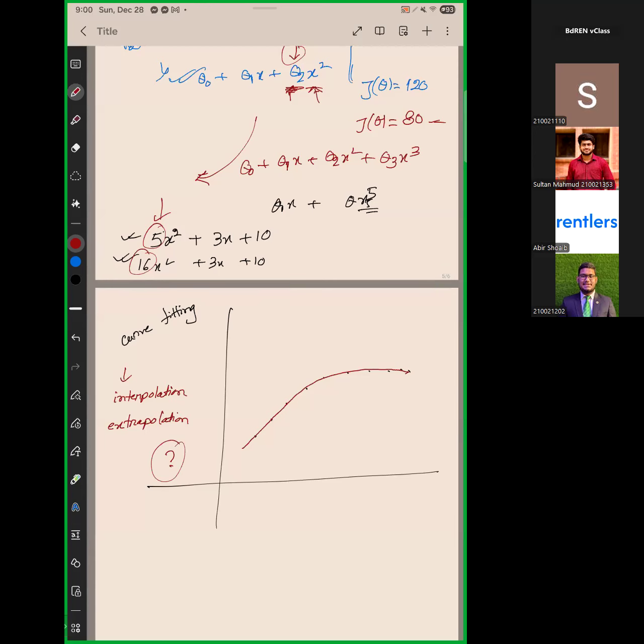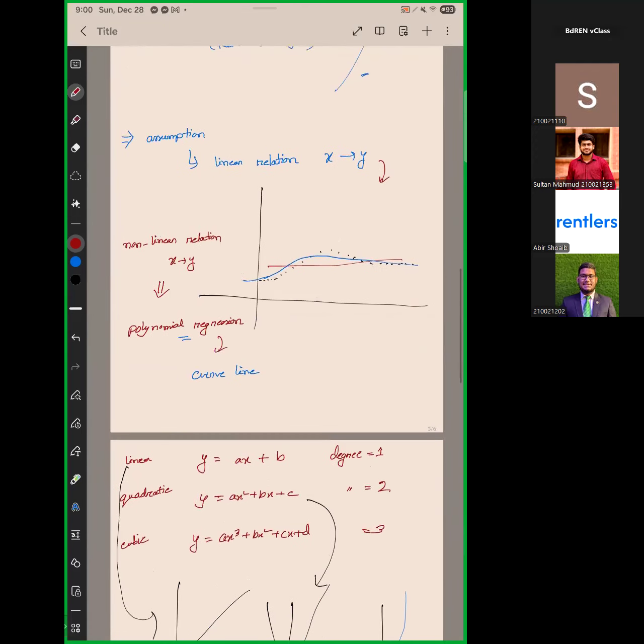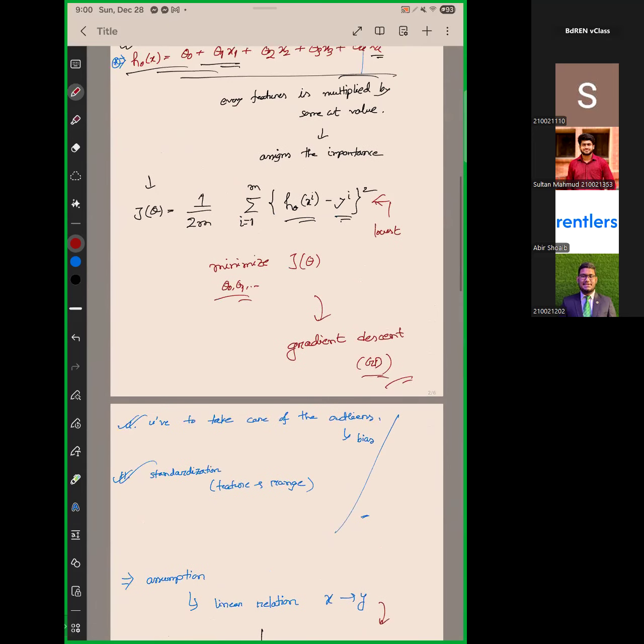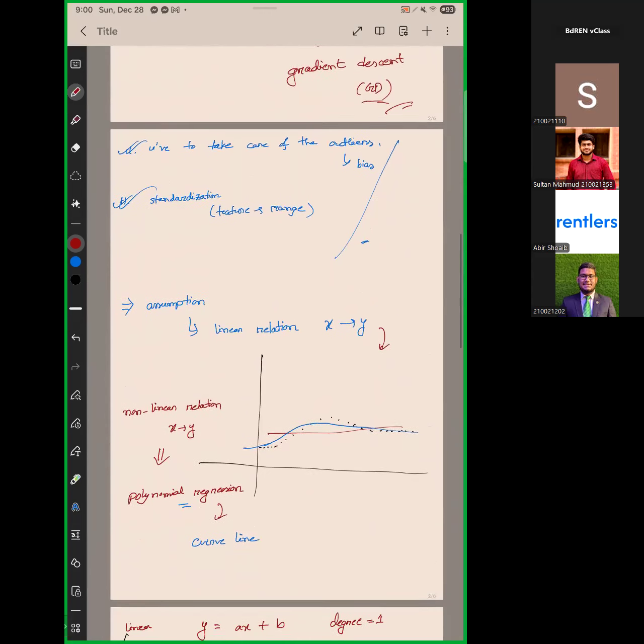Okay, so basically, let's finish this up. We have our linear regression, and multivariate linear regression. If the linear regression is not giving you enough satisfactory result, very high RMSE value, very high error, then you increase the degree a little bit, make the relation polynomial.